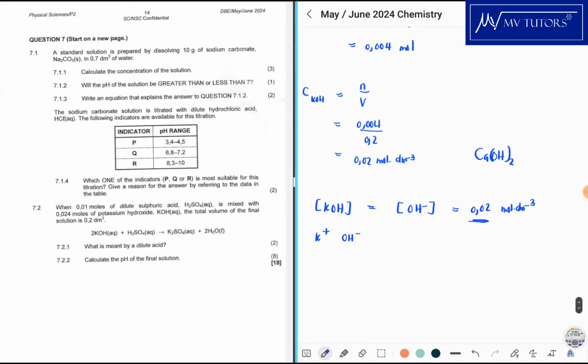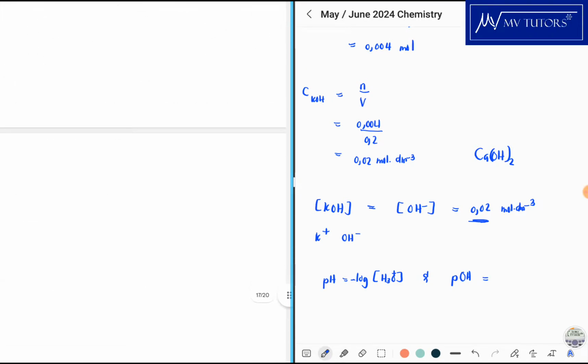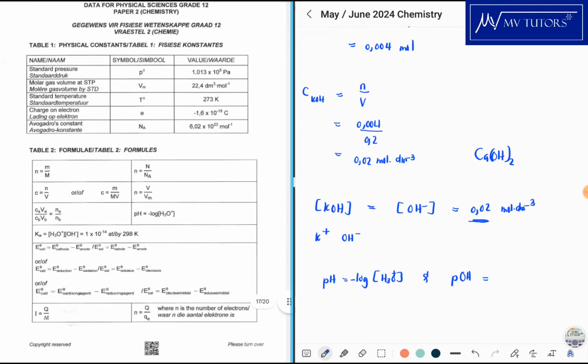Because now we're dealing with the base, we're going to use our pOH formula. Remember, pH is equal to negative log of the concentration of the hydronium. In that same way, we can use pOH, which is negative log, and instead of H3O for the pH, we can use OH for the pOH.